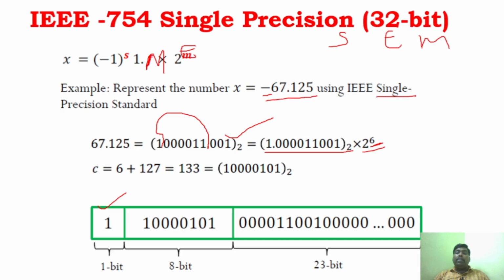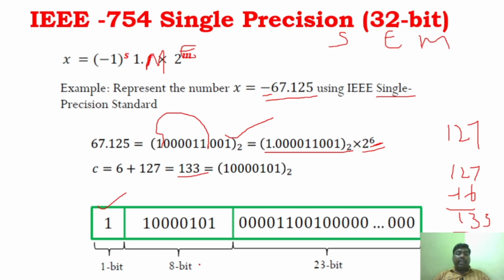And you know that for single precision, the bias value is 127. In order to represent the exponent, you have to add the exponent and the bias value. So 127 plus 6, what will you get? 133. How will you represent 133?